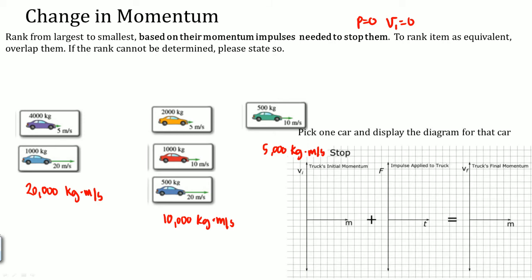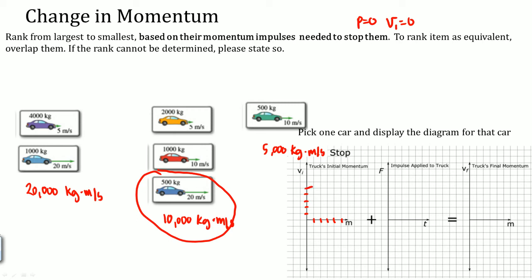So let's graph this one. Its total momentum initially is at 10,000, so I'm going to make this 10,000. Let's see, what's its mass? 5. So 1, 2, 3, 4, 5. And it's 20, so 2, 6, 8, 10. I'm going to make it like this.